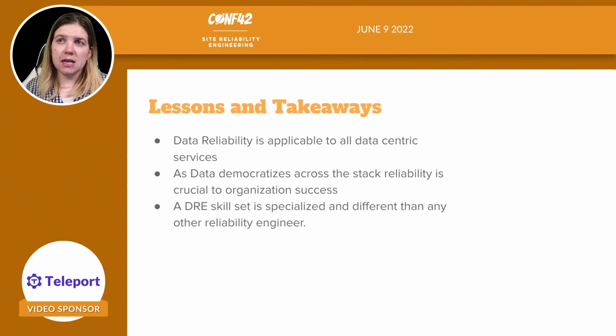And as this data is democratized across organizations, reliability in that data becomes more crucial to every step of that process, so that nobody's getting calls because dashboards are outdated, but you can know in advance and have preemptive steps in place, like the SRE practices.